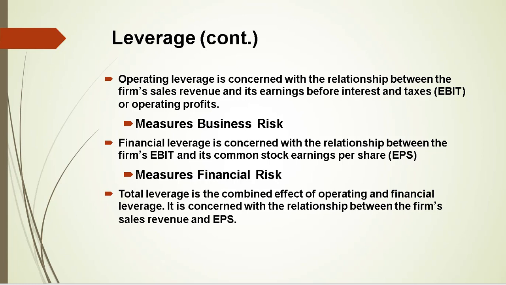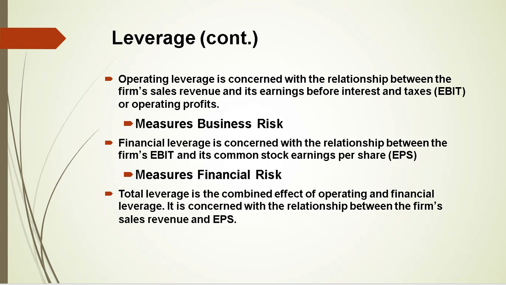So as we work down the income statement, business risk or operating leverage is the relationship between sales revenue and EBIT or operating profits. Financial risk or financial leverage is the relationship between EBIT or operating profits and earnings per share. And then total leverage is the entire income statement, or looks at the relationship between sales revenue and earnings per share.